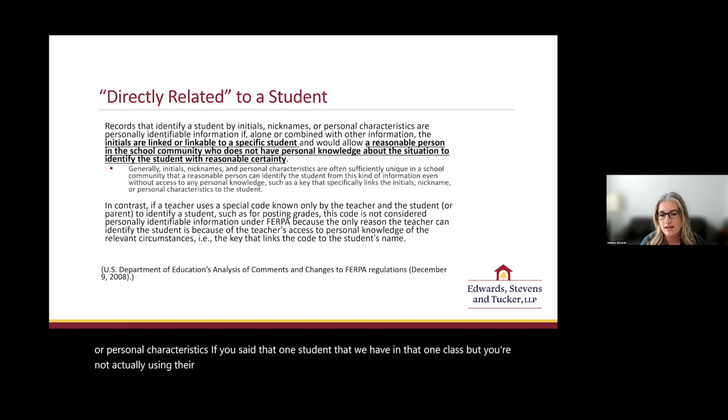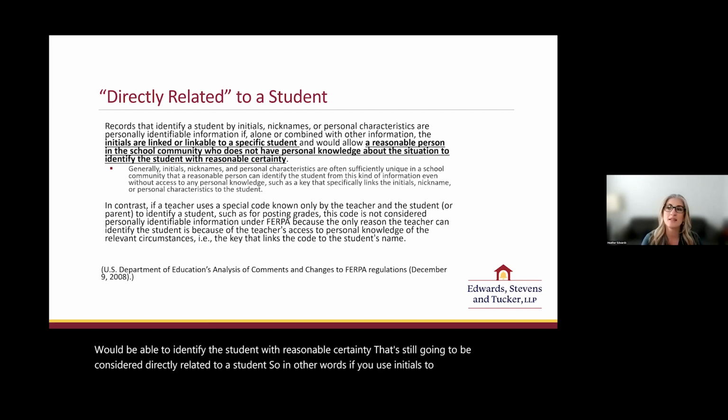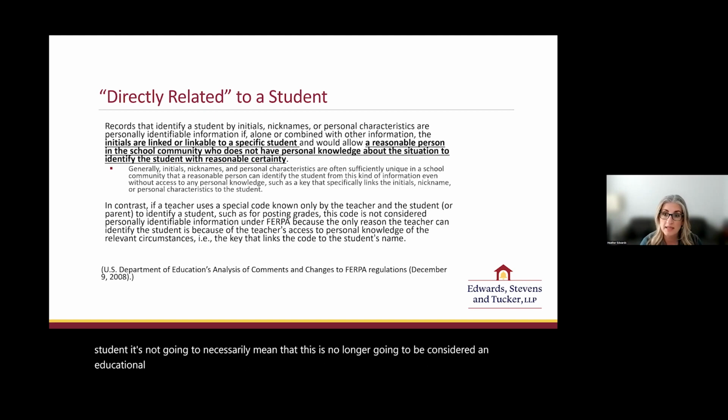Basically what the guidance is that if based on that information, a reasonable person in the school community would be able to identify the student with reasonable certainty, that's still going to be considered directly related to a student. So in other words, if you use initials to identify a student, it's not necessarily going to mean that this is no longer considered an educational record to which the parents would be entitled.